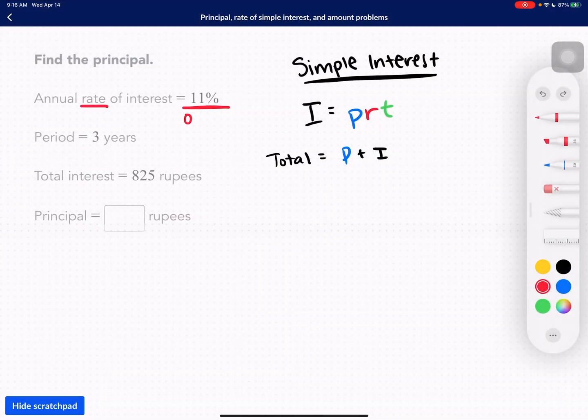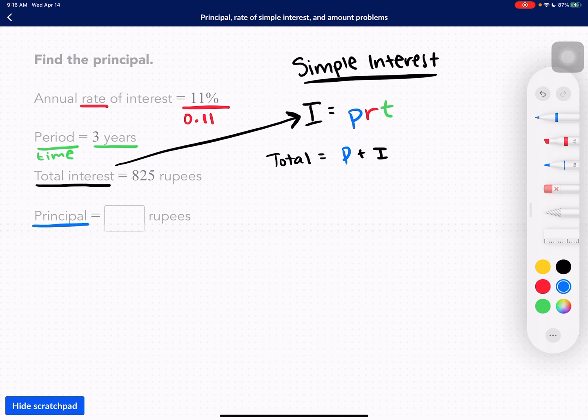So my rate is 0.11. The period is the time. Our time is 3 years. And then it gives us the total interest, which is this I, the big I, that's the interest, is 825 rupees. Now it wants us to find the principal.